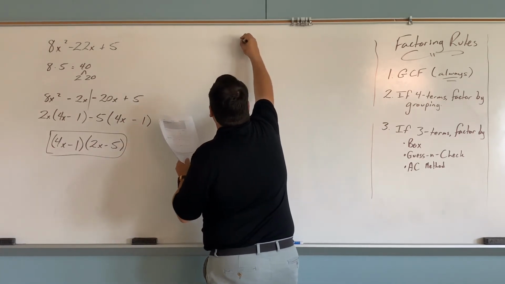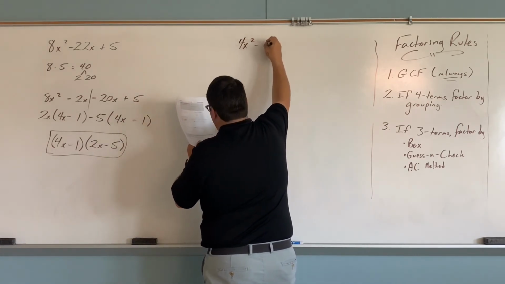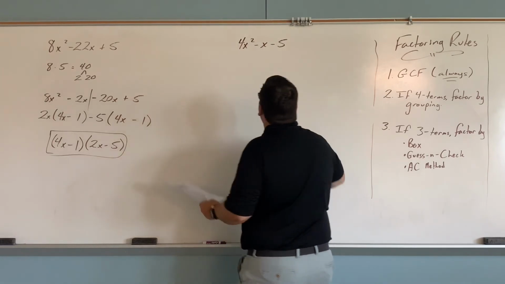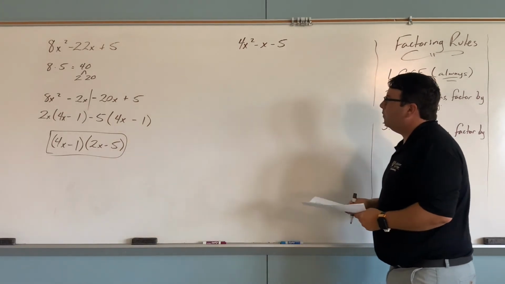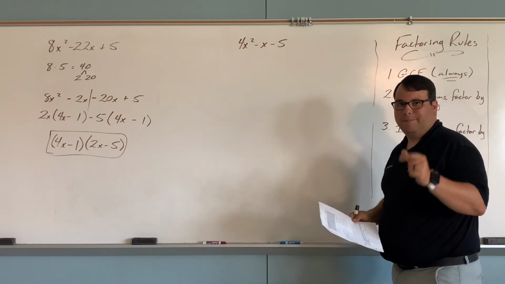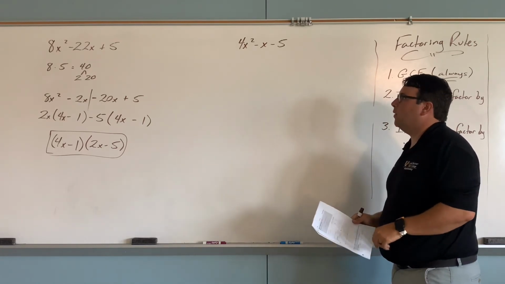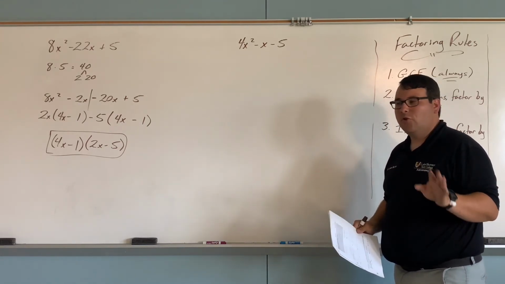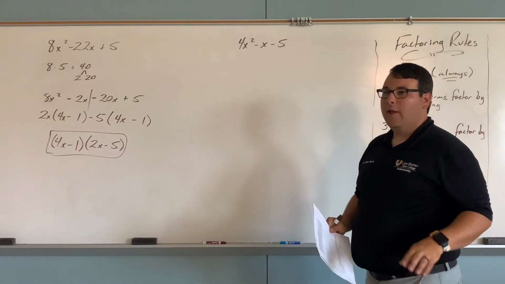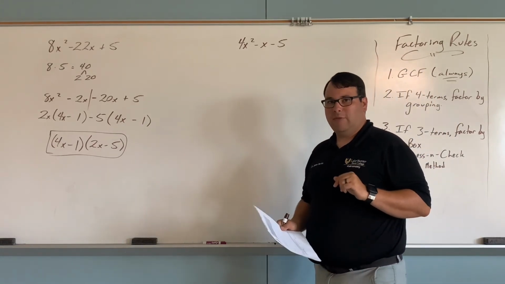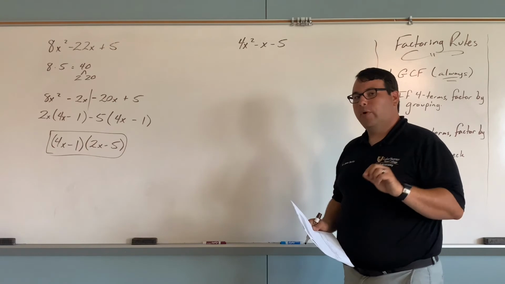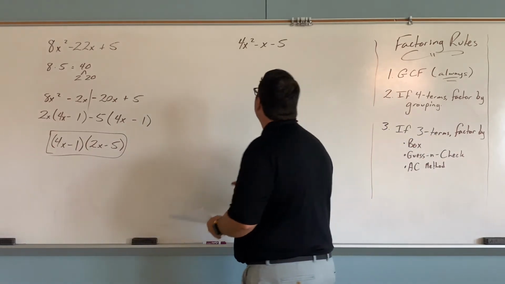Let's try this next one. 4x squared minus x minus 5. Now, in this particular problem, some of you might be saying, guess and check. I can see that quickly. You're absolutely right, and you can absolutely go for it. However, I'm going to use AC method still because I want to show how that works.